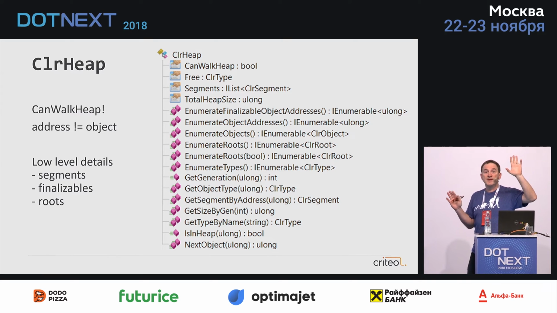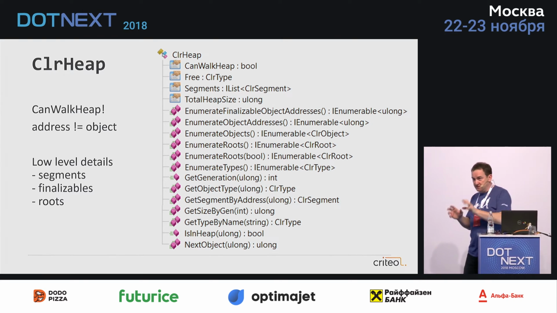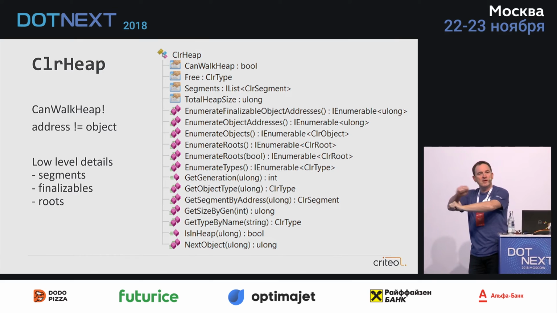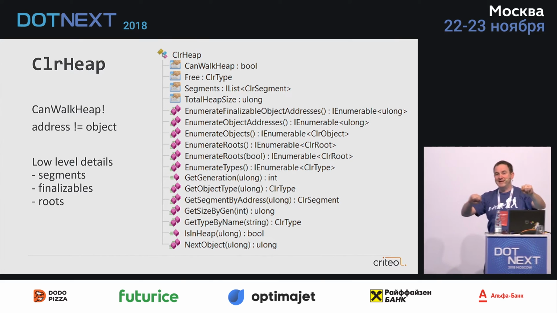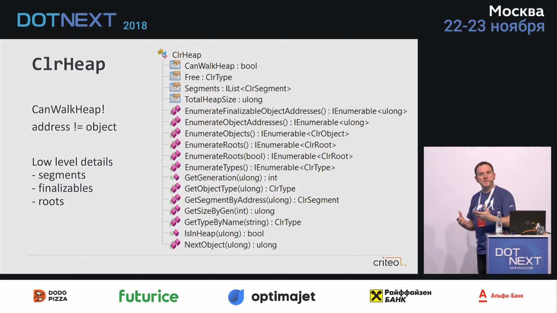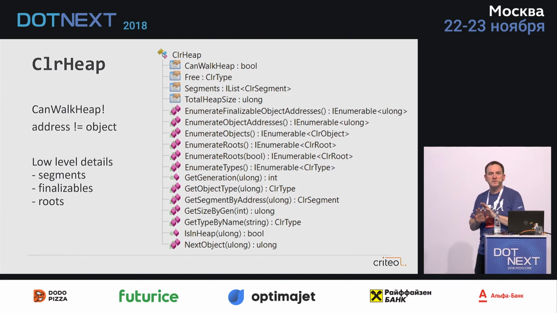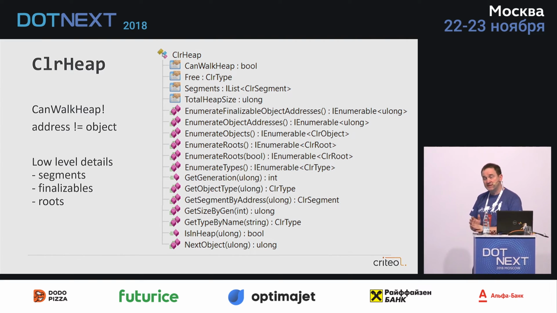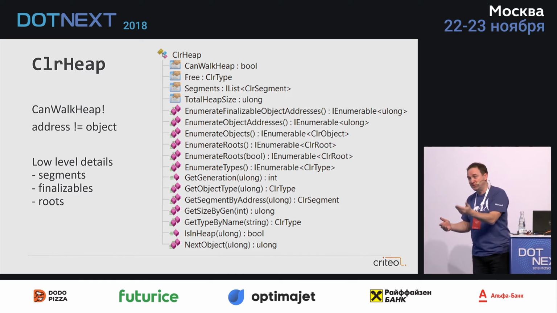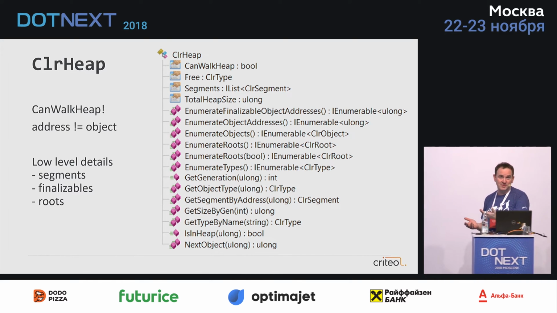At that time, the CLR garbage collector is moving objects around, changing references, and so on. In that state, the heap is not browsable. You can't iterate on the elements of the heap. So you need to check that CanWalkHeap returns true. If it doesn't return true, too bad for you. You have to attach again to the process or ask your customers to take another memory dump, because you can't do anything there.